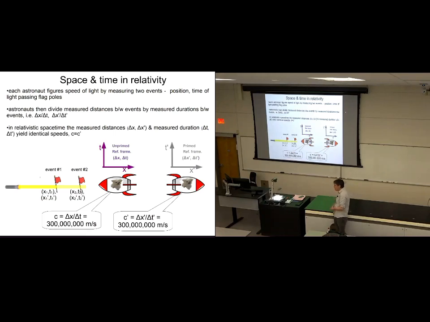I've redrawn that, but I've added onto the figure some details, the reference frames for the 2 spaceships, and the details of their measurements of the speed of light.